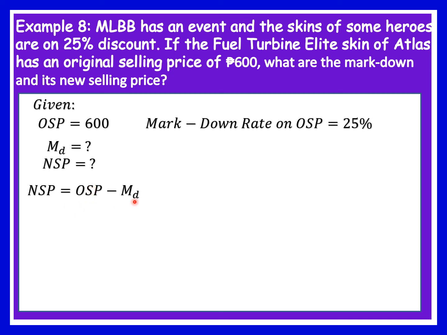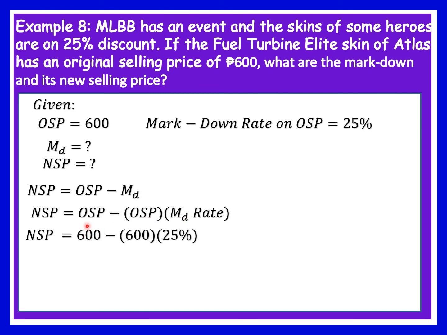Because we do not know the markdown, we will be using the other given one, which is the markdown rate. So, the new selling price equals the original selling price minus the original selling price multiplied by the markdown rate, because it is markdown rate on original selling price. So, OSP times M sub D rate.